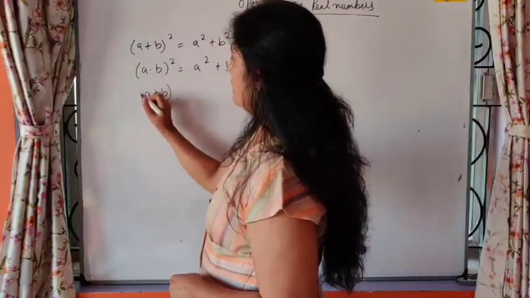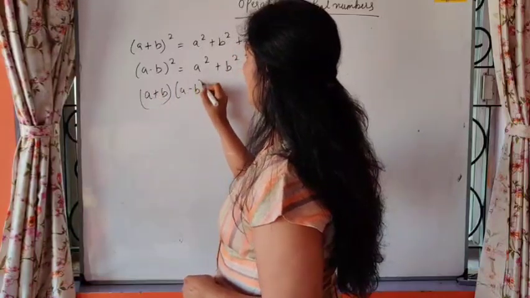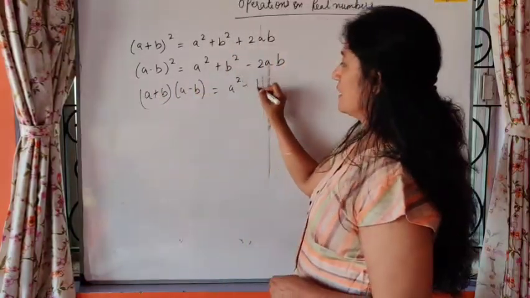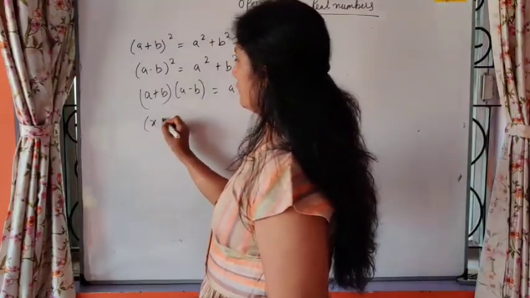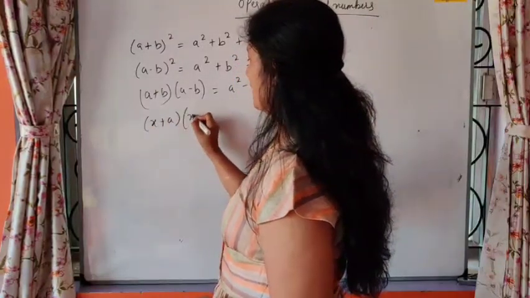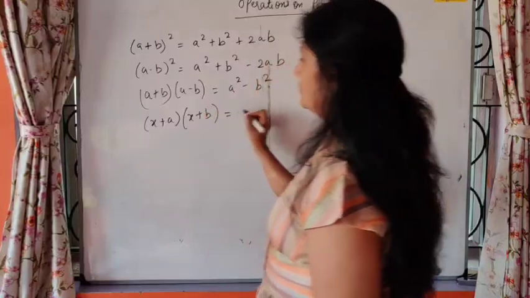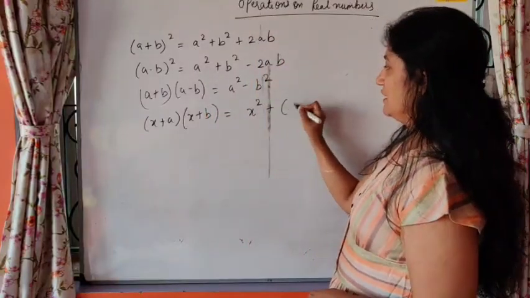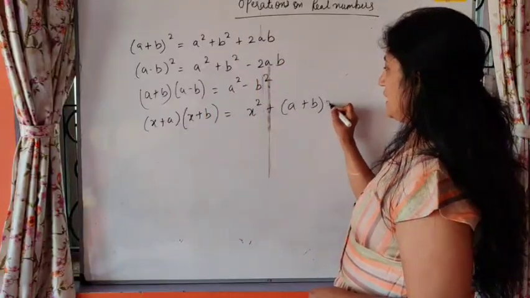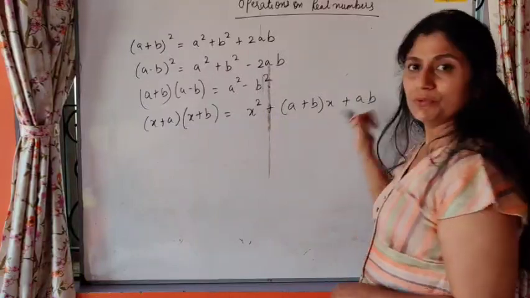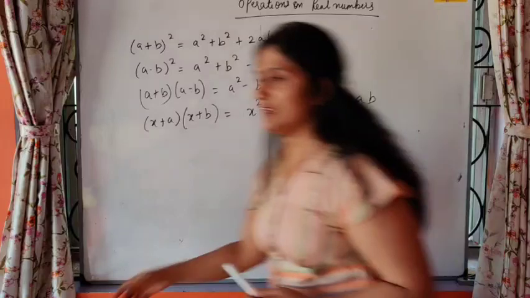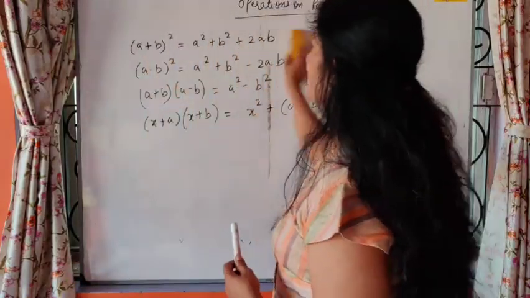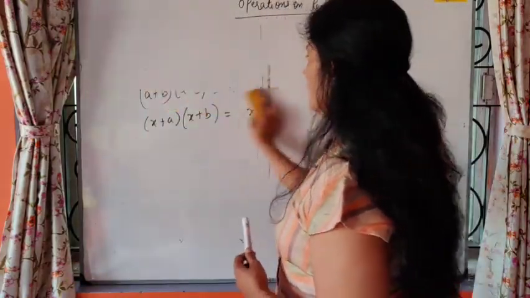A plus B, A minus B is A square minus B square. One more identity which you have used is X plus A, X plus B is X square plus A plus B X plus A into B. All these identities will be same when we take two rational or irrational numbers.